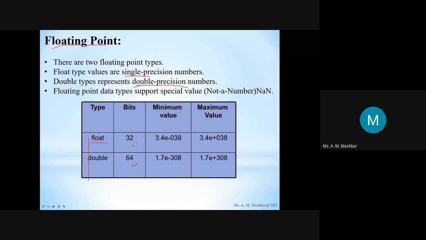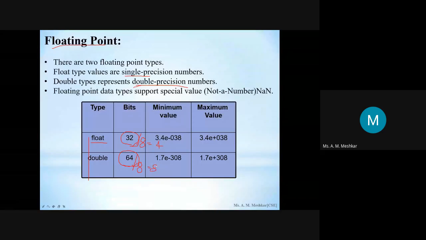Float type numbers take up 32 bits, and double type floating numbers take up 64 bits to store. Can you tell me how many bytes? 32 divided by 8, so 4 bytes. Similarly, double, how many bytes? 8 bytes.